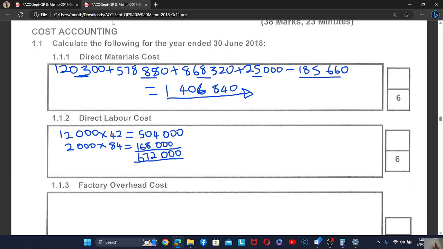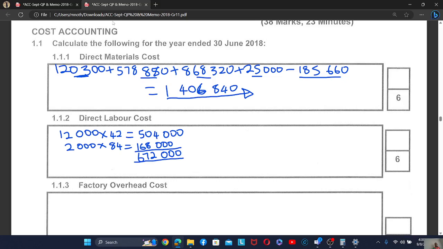So we need to identify how much is direct labor. If we divide the answer by 9... but this is for 10 employees.